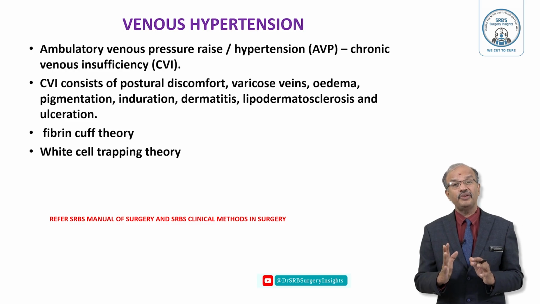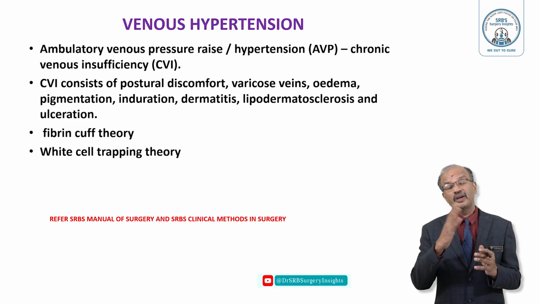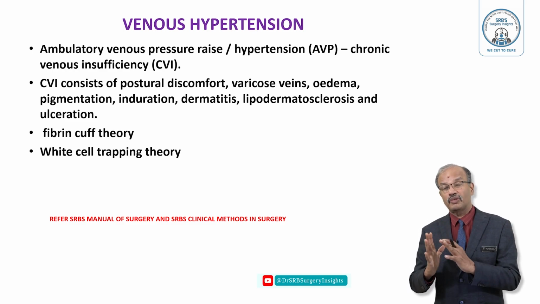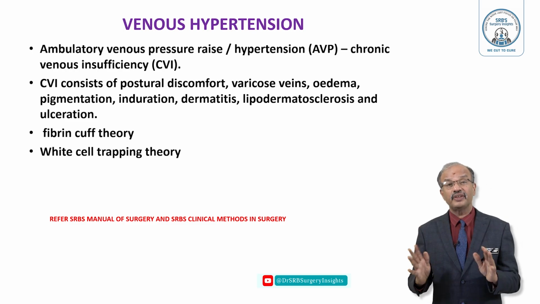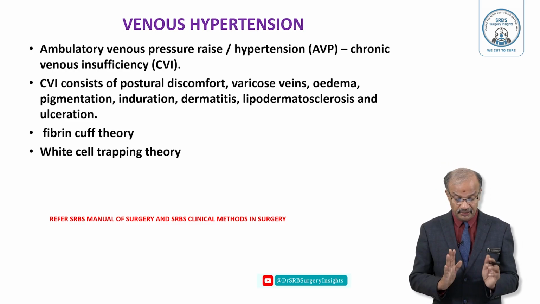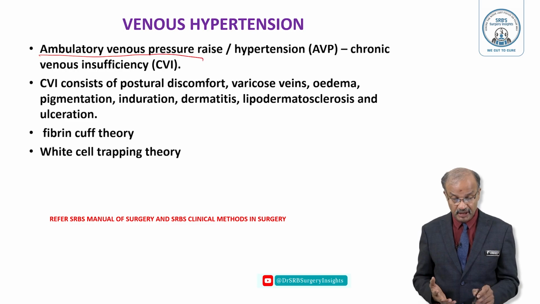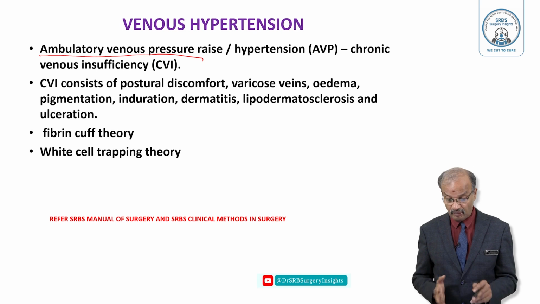Venous pressure is usually less. Arterial pressure is very high; you know that, 80 to 120 millimeter of mercury. Venous pressure is usually 20 to 30 millimeter of mercury in the lower limb. When this pressure increases, that is called venous hypertension. It is ambulatory venous pressure. When the patient walks or stands, the pressure increases more than normal.